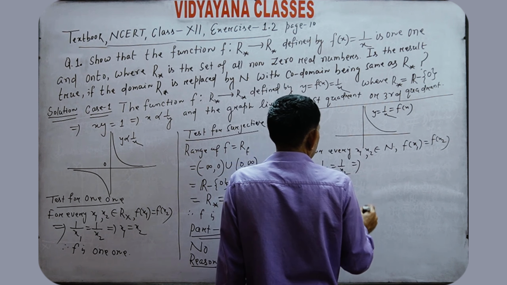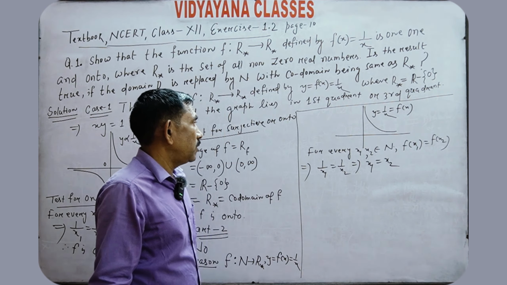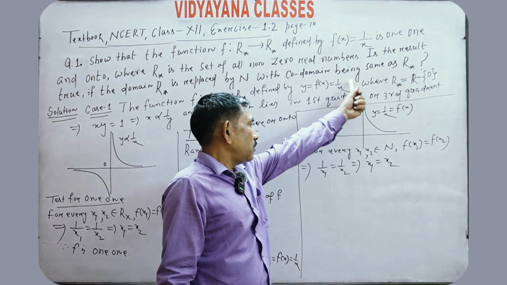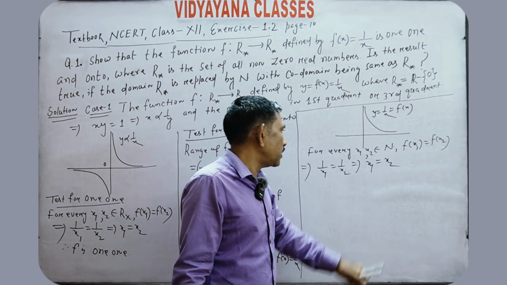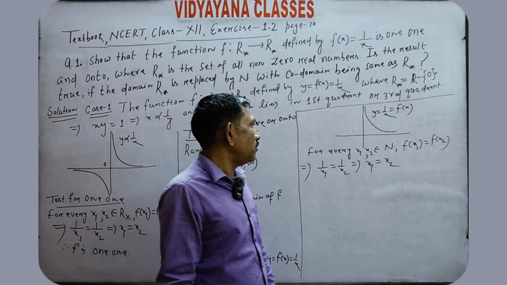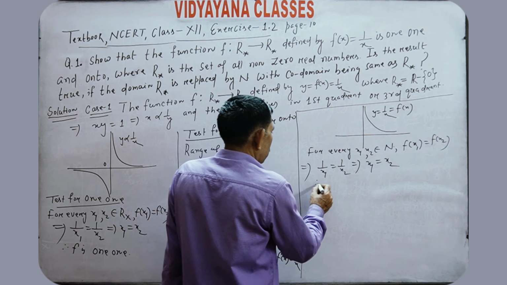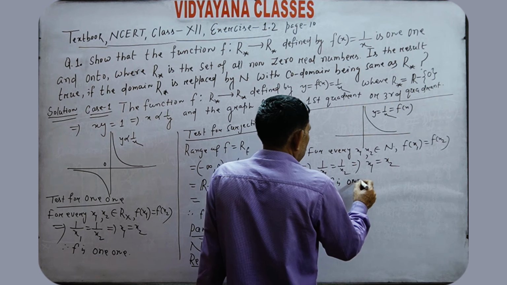That implies x1 is equal to x2. f(x1) equal to f(x2) implies x1 equal to x2 for every x1, x2 belongs to N. Therefore, f is 1-1.